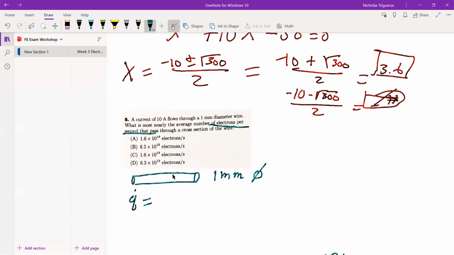This might be an easy point if you just knew the equation is I over Q, the current divided by the charge. If you think about electrons per second, current is amps and charge is coulombs, and you can get electrons per second if your charge is in electrons. The charge of an electron is 1.6 times 10 to the negative 19, I believe.